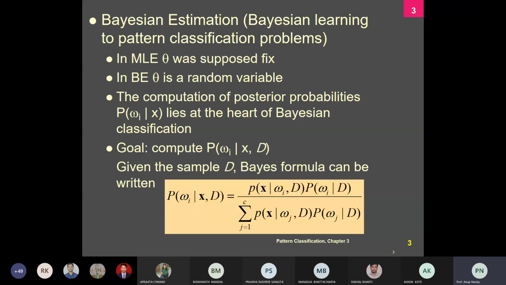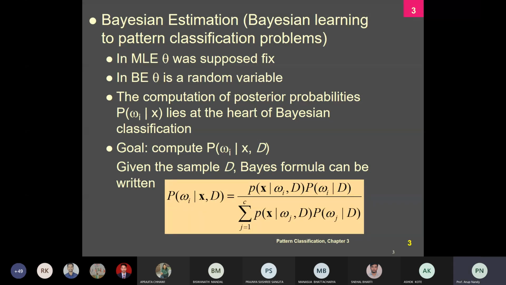Now you have to apply the Bayes formula, which can be written this way: P(wi|x,D) is equal to p(x|wi,D)P(wi|D) divided by the sum over j equal to 1 to c of p(x|wj,D)P(wj|D). Here another term is coming, that is D. Why it is coming, I'll explain.